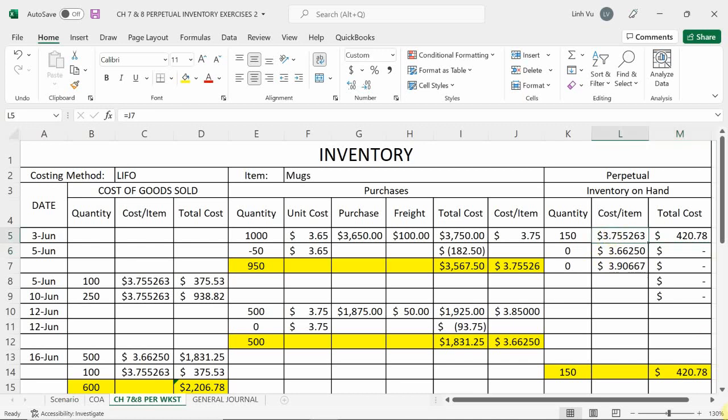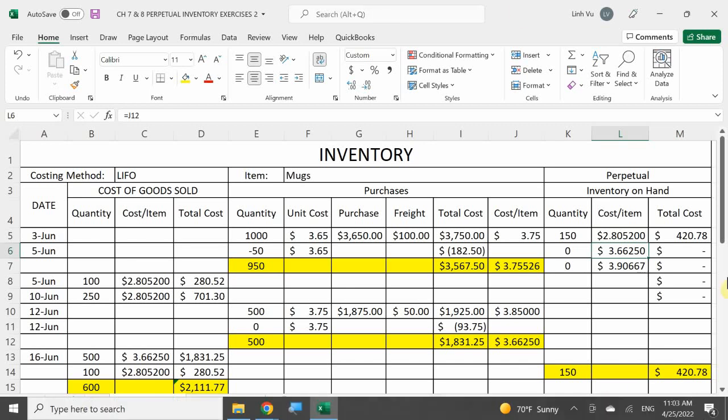I have to now adjust this because I have a discounted amount. Okay, so now it is $2.80. Oh no. Let me redo that.